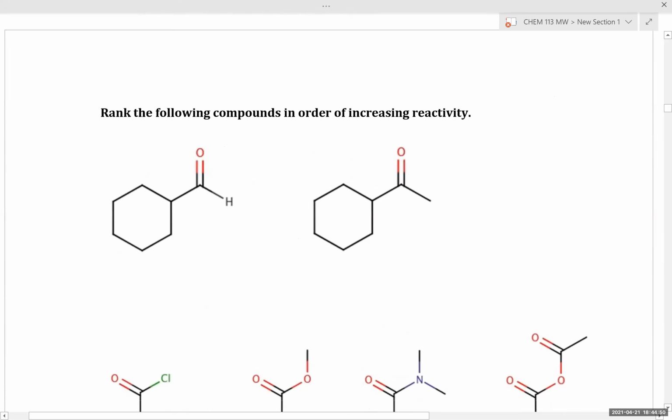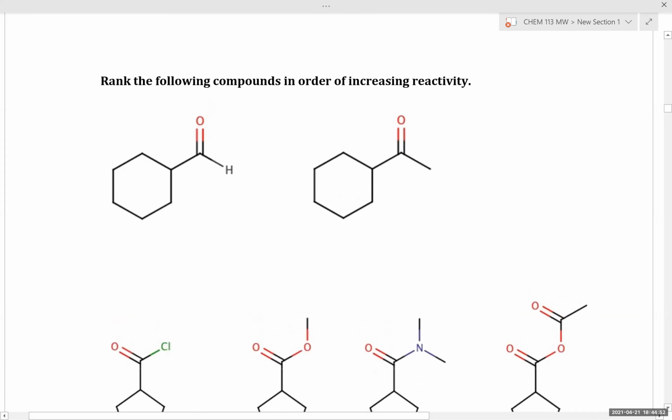So let's try to apply what we've learned here, and let's try to rank the following compounds A and B in order of increasing reactivity. So which of these two compounds would be more reactive for carbonyl addition or substitution reactions?